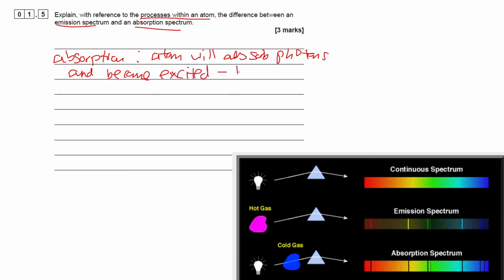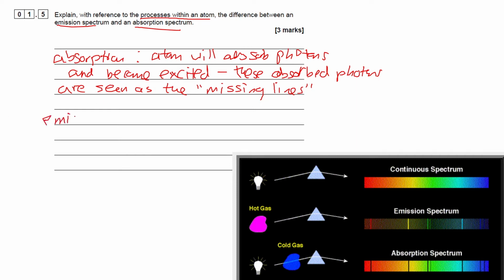And these absorbed photons are seen as the missing lines in the absorption spectrum.